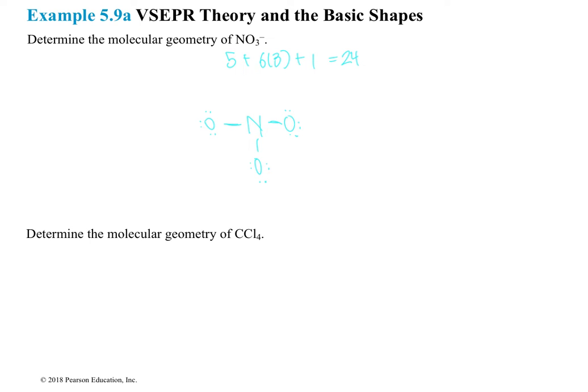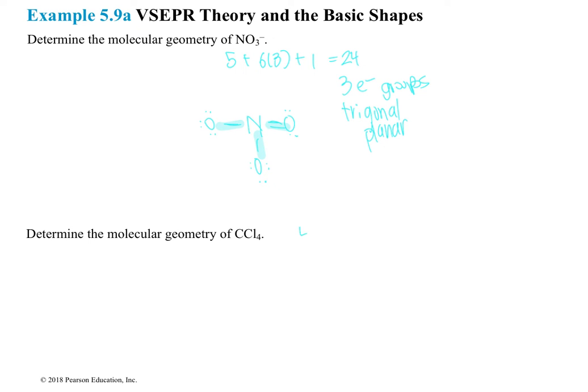Well, nitrogen doesn't have an octet, so let's get rid of one of those lone pairs and make it a bond. Okay, here's nitrate. So it has 1, 2, 3 things around it, so that is called trigonal planar because there are 3 electron groups.